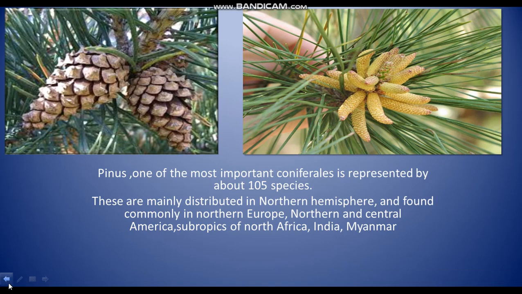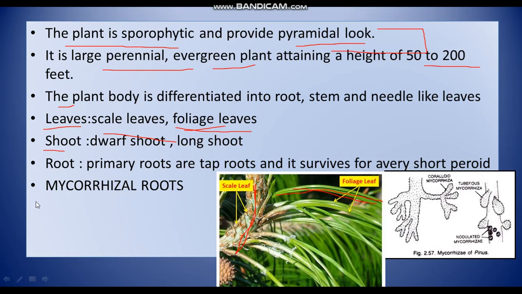Now we will understand the root. The primary roots are tap roots and at the starting point primary roots consist of hairs but afterwards these disappear and lateral roots arise from these primary roots and lateral roots form a mass-like structure. Then we can see the fungal covering over these lateral roots.